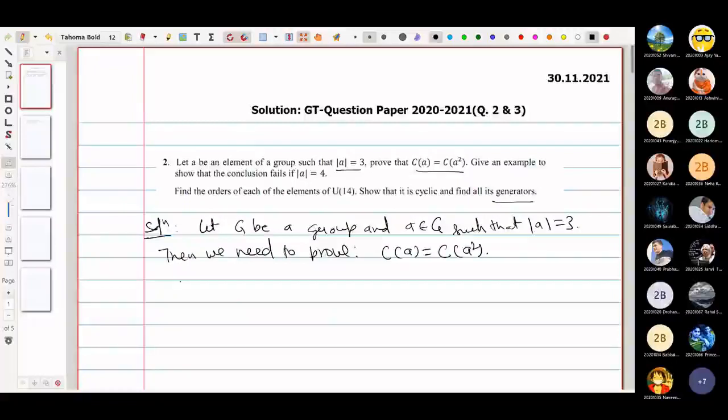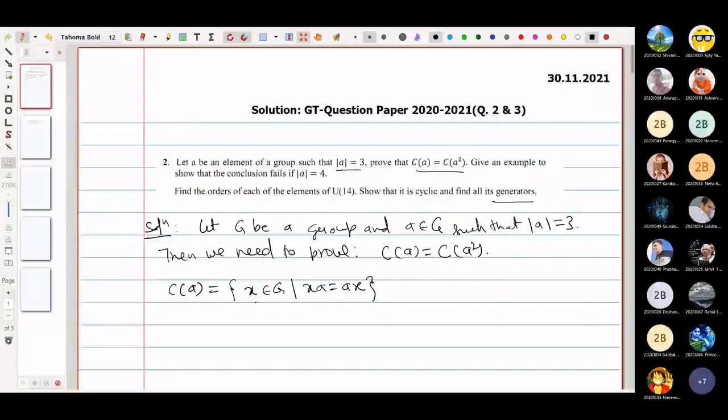You know the definition of a centralizer of an element of a group: it is the collection of all those elements x of the group G such that xa equals ax.